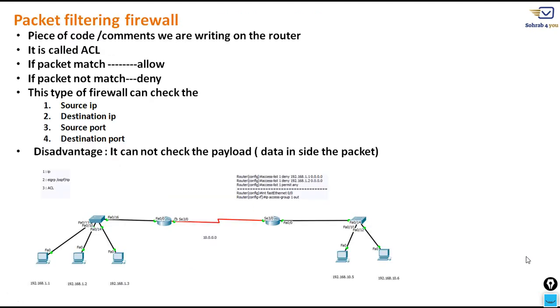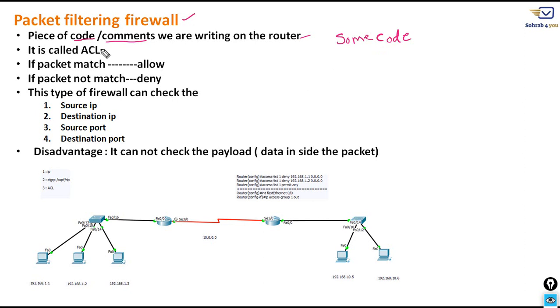Now we are going to start the first type of firewall, that is called packet filtering firewall. What is packet filtering firewall? It is a piece of code, some line commands we are writing on the router. So simple, guys, it is a few lines of code that we are writing on the router.